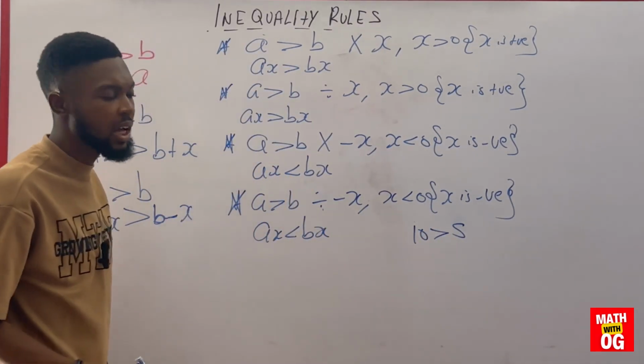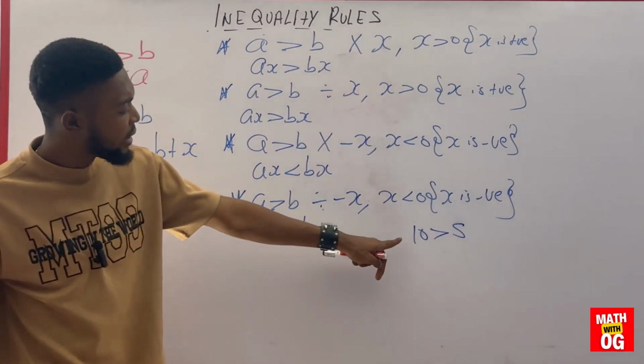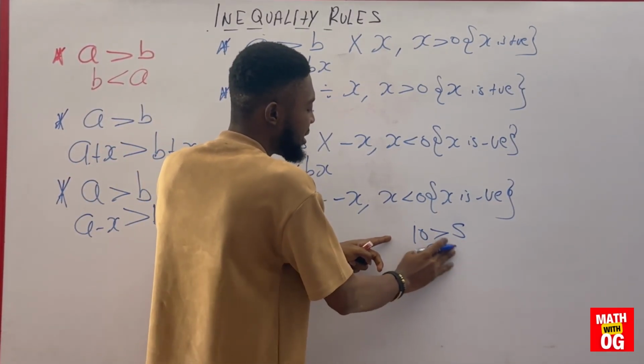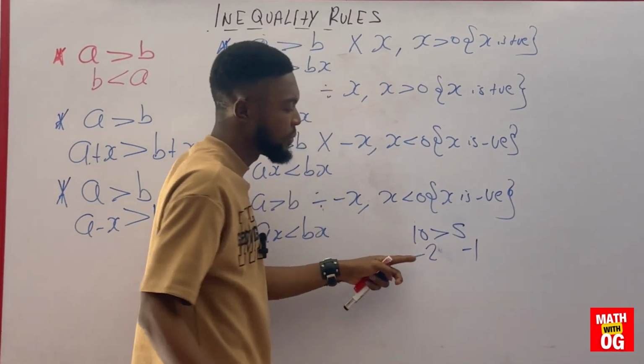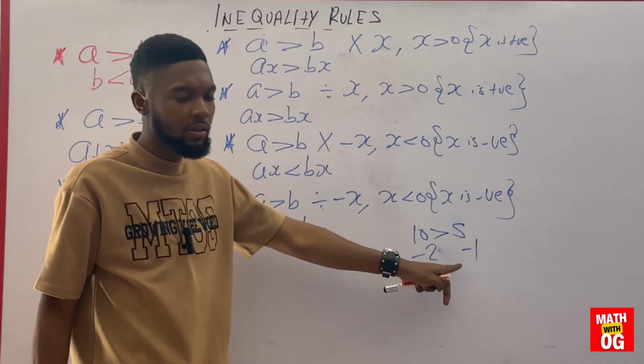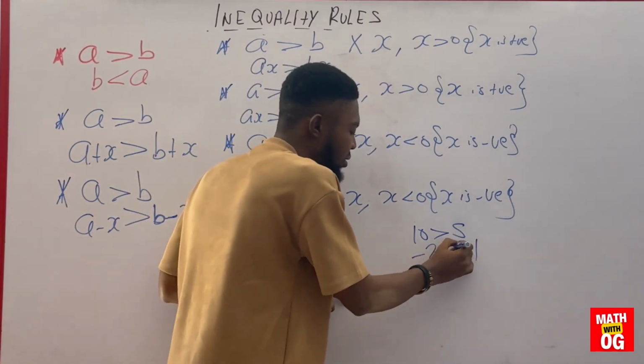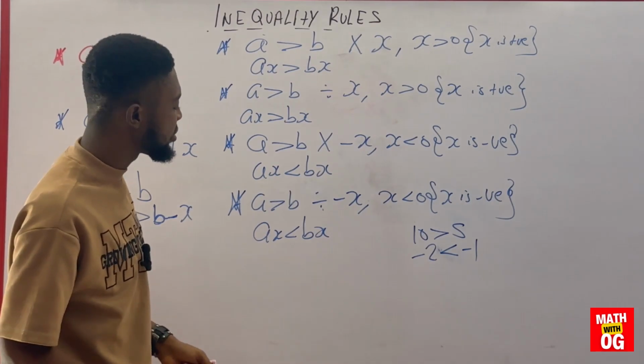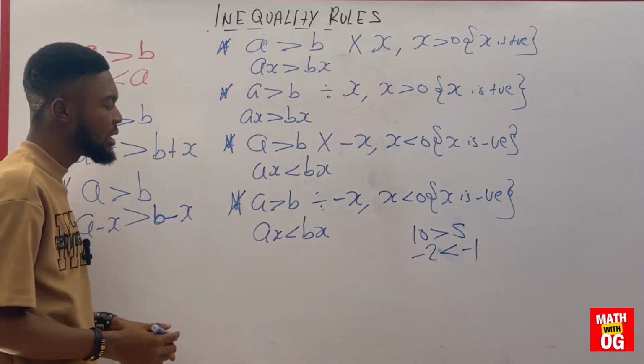Now let's divide both sides by negative 5. If I divide there by negative 5, this will give me negative 2. Divide there by negative 5, this will give me negative 1. Now negative 2 is not greater than negative 1, it is less than negative 1. So you can see that your sign has what? Change. So when you divide by a negative sign, your sign has to change. So my A over X will be less than B over X.